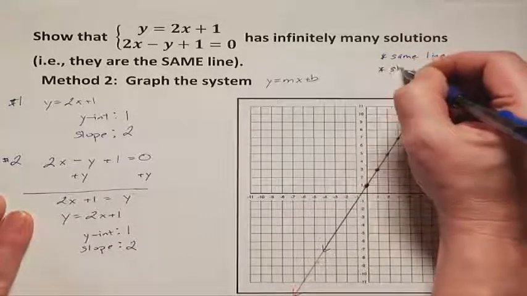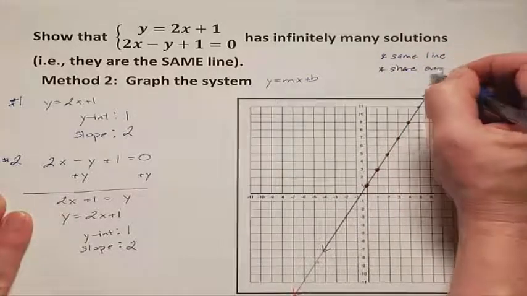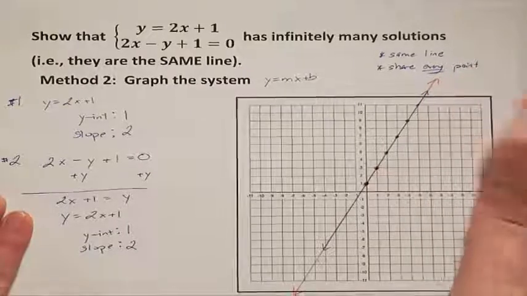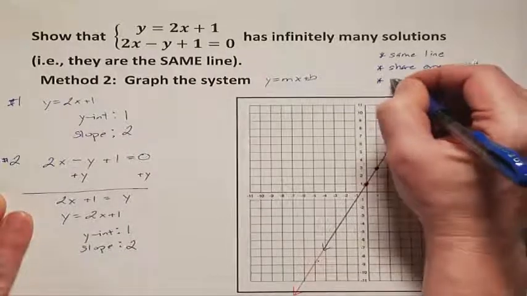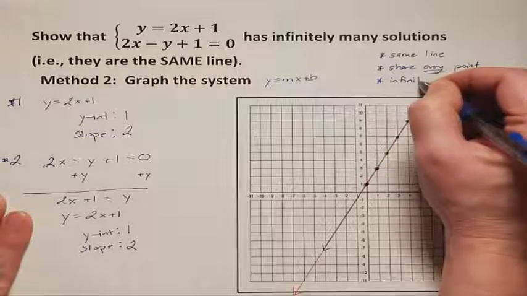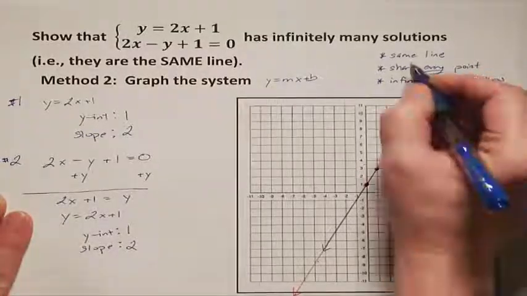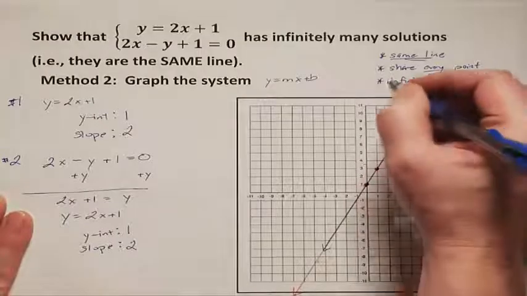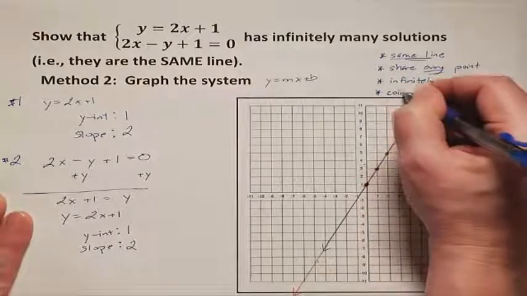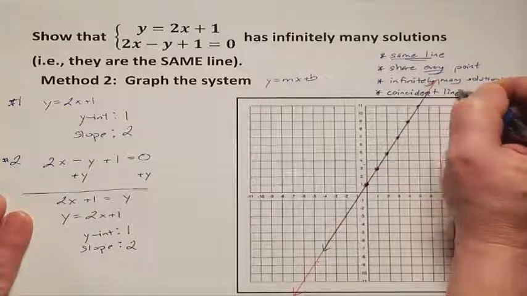They share every single point. If they share every single point, that means that there are infinitely many solutions. And what a coinkydink! They were the same line. So we actually call these coincident lines.